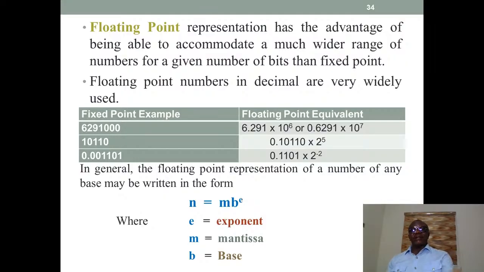In binary, it will do the same. In fraction, it will do the same. So it has a general format which is n equals m b raised to power e, where e is the exponent, m is the mantissa, and b is the base.